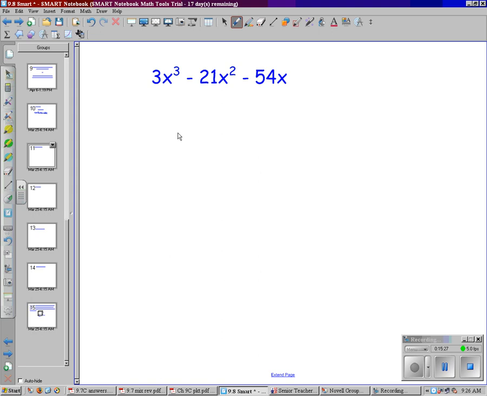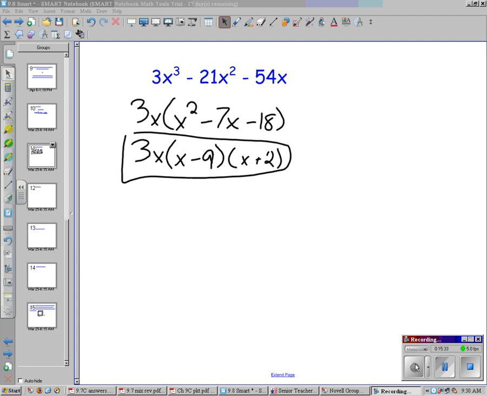All right, let's go to this one instead then. Hopefully you can do this one better. Back to the front, please, ladies and gentlemen. The first thing you do is take out a GCF, so that's that 3x coming out front. And you're left with x squared minus 7x minus 18. You only use factor by grouping if you would have 4 or more terms. And that's when the factor by grouping works really well.